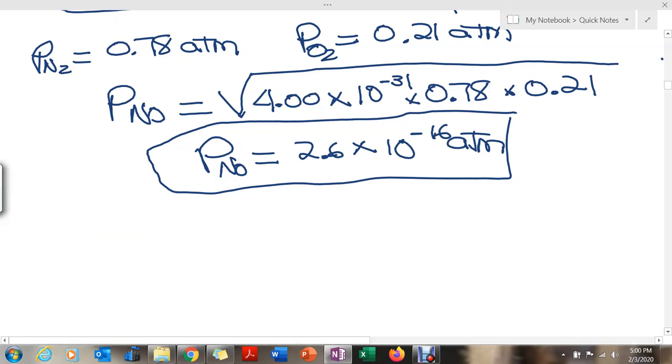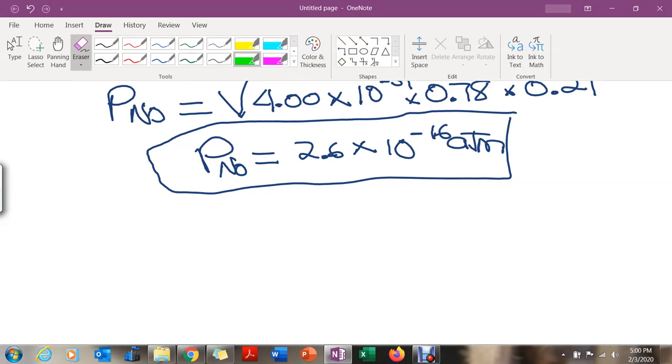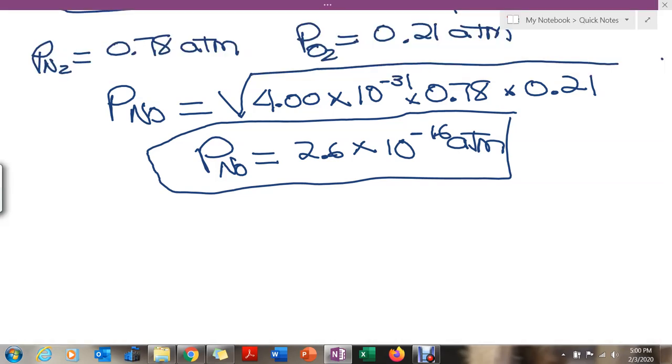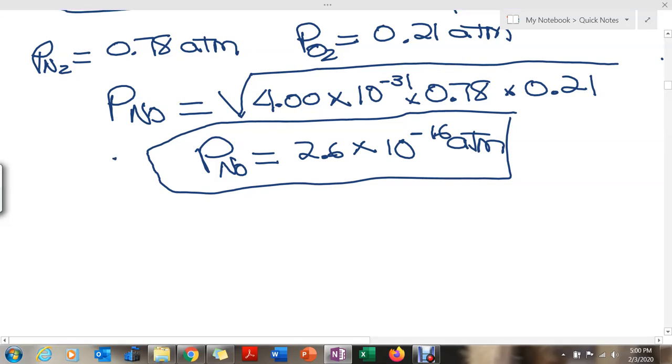So if the reaction, let's say you got here, A plus B in equilibrium with C, if it's endothermic, the heat would be on this side, as a reactant side.